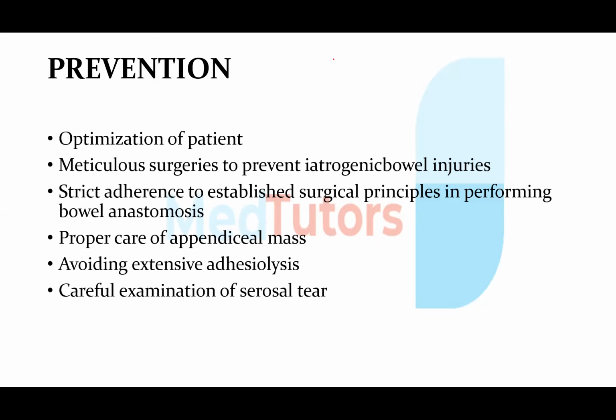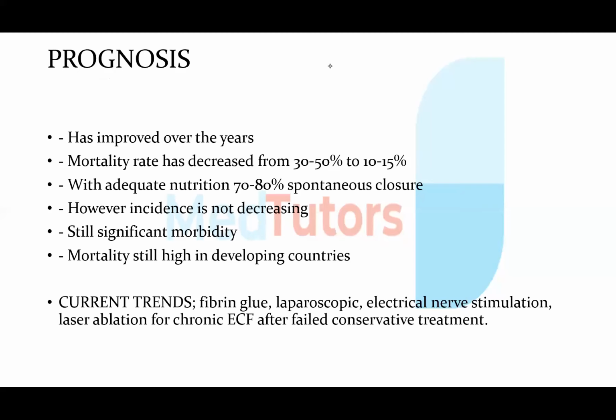There are principles of bowel anastomosis. You have to adhere to them. Proper care of appendiceal mass. Don't just go and start operating. If you remember the Ochsner-Sherren regimen for appendiceal mass. Avoid extensive adhesiolysis. Careful examination if you have serosal tear.